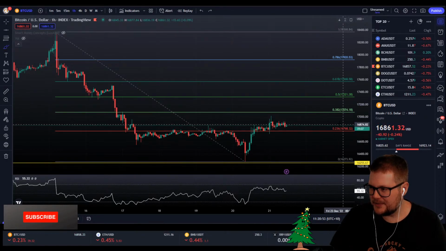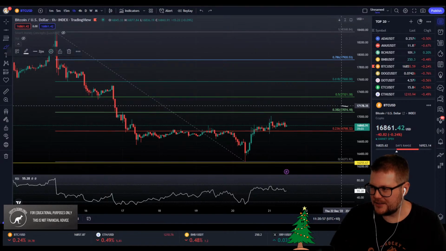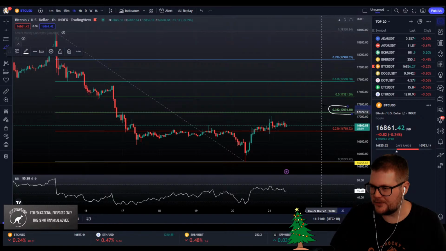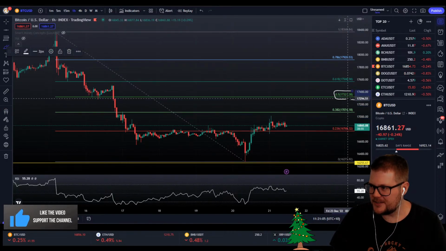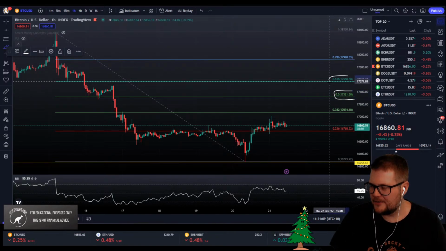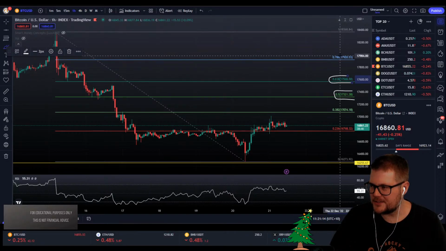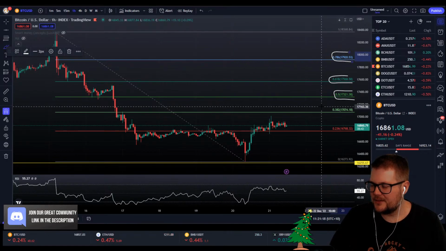We've gotten seemingly on top of the 236 fib level. Now the next target is 17,074, which is the 0.382 fib. A 50% retracement back to that high would be 17,321. And then the golden ratio, the golden number, 17,568. Then we've got 17,920.